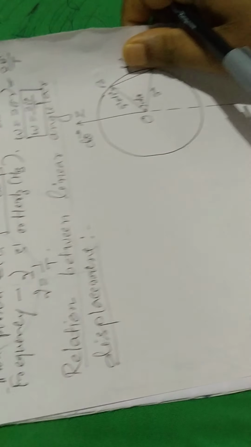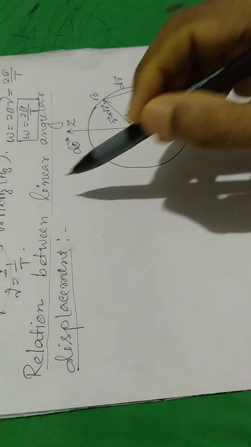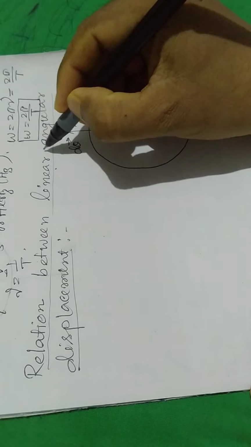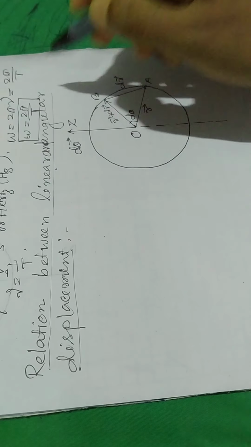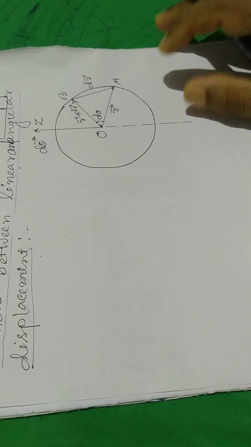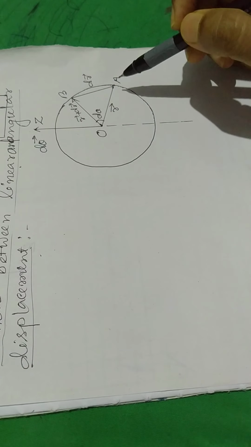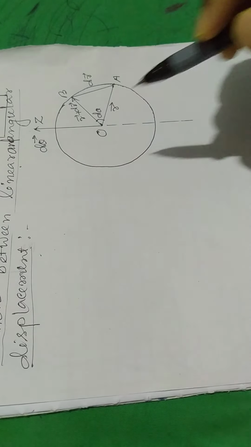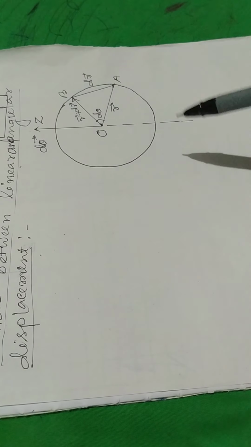Now we make the relation between linear and angular displacement. We consider a particle moving along a circular path as shown in the figure.